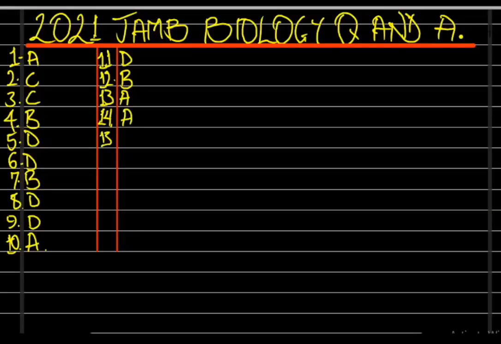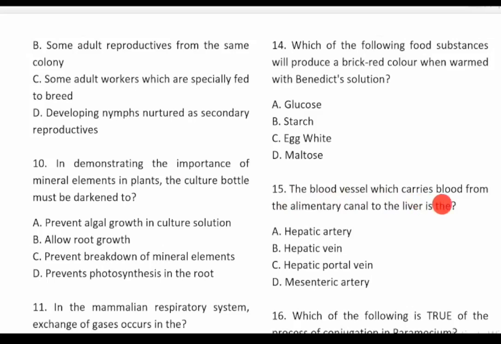So we move to question 15. Blood vessels which carries blood from the alimentary canal to the liver is the A. hepatic artery, B. hepatic vein, C. hepatic portal vein, and D. the mesenteric artery. The hepatic artery carries oxygenated blood from the heart to the liver, and hepatic vein carries deoxygenated blood from the liver back to the heart.